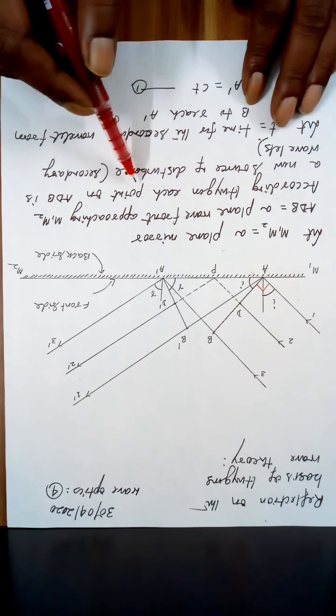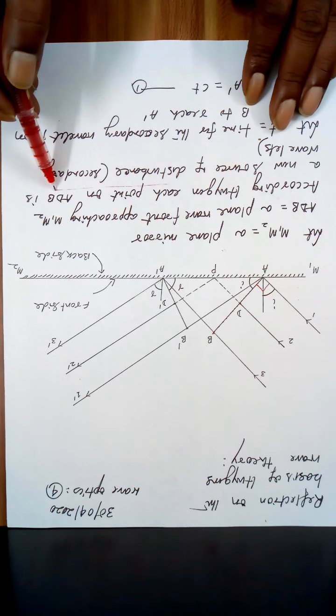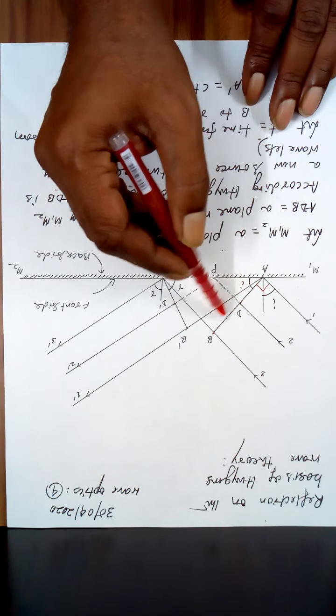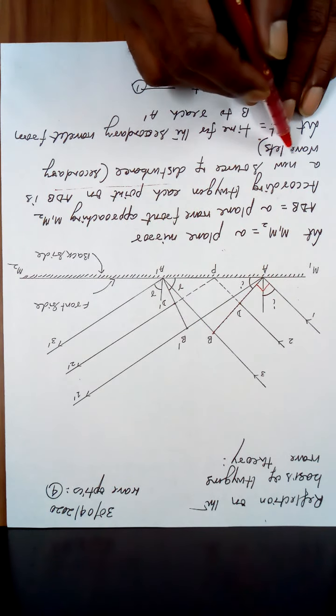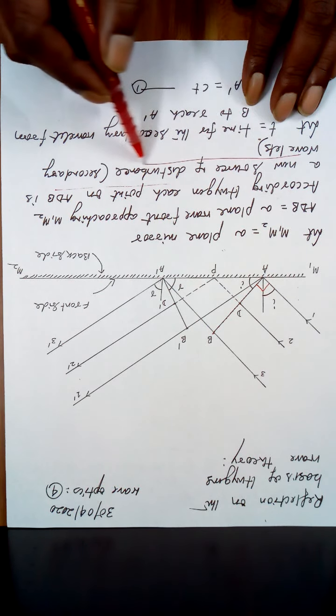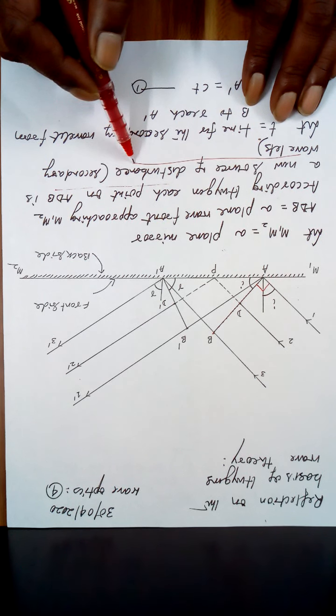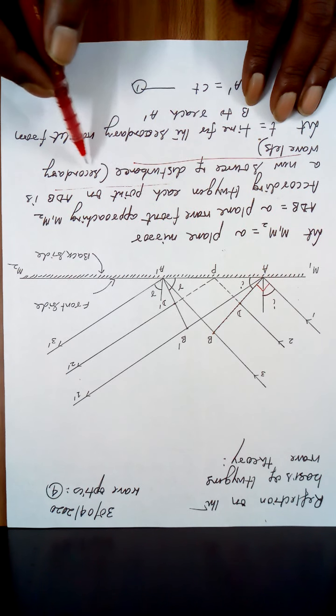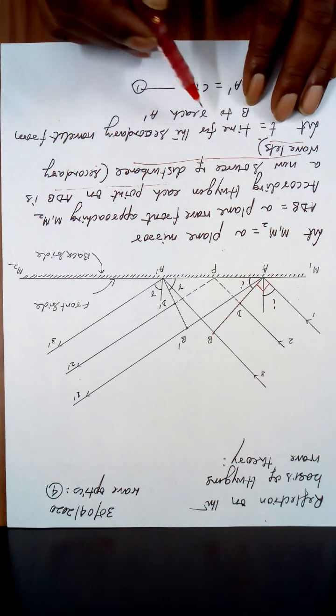According to Huygens, each point on ADB is a new source of disturbance according to Huygens principle, and those new sources are called secondary wavelets.